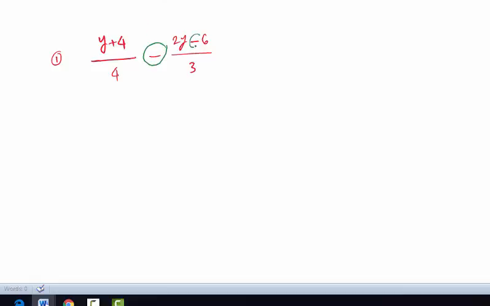When expressions are given in this format, you have to imagine a parenthesis around the numerator of the expression.